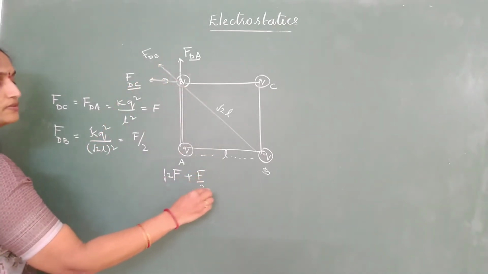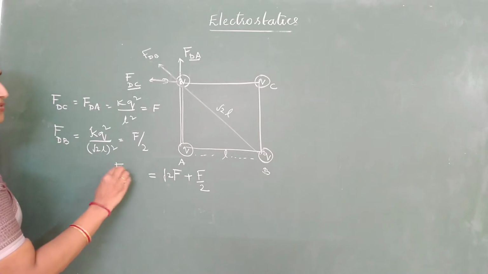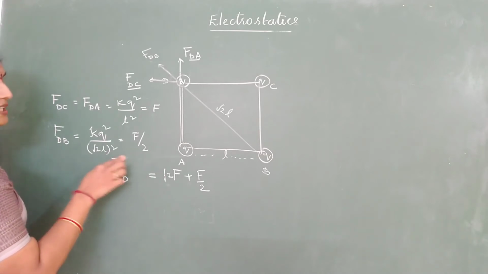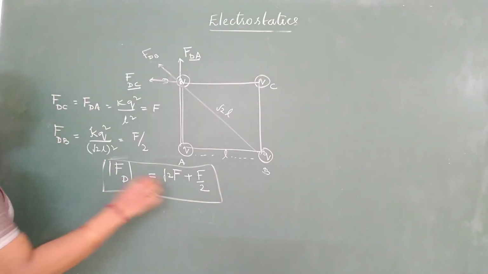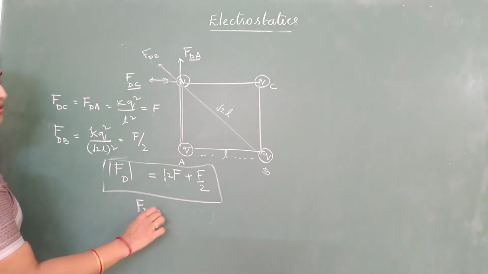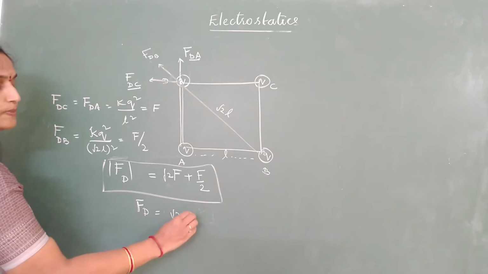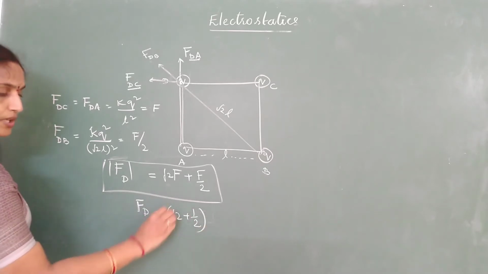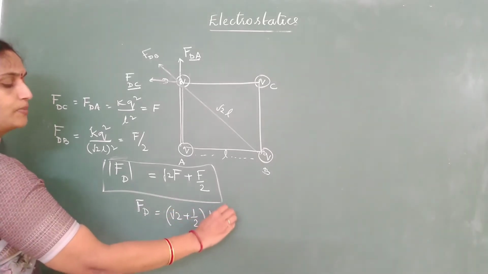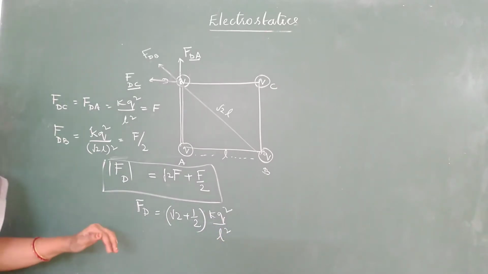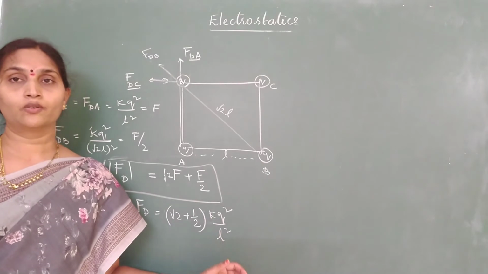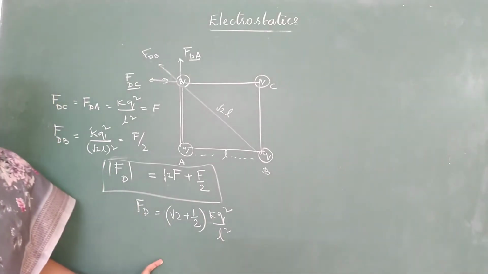Adding F by 2 gives the magnitude of force acting on the vertex D. Simplifying, the force on the vertex D is (root 2 plus half) into F, where F is kq square divided by L square. So this is how for 4 charges also you can use parallelogram vector addition and get the answer.